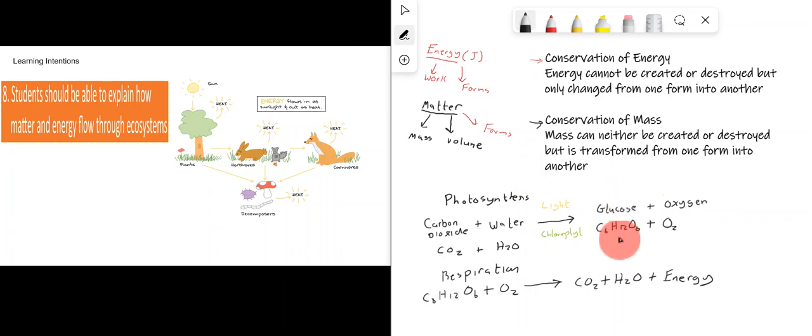So we have consumers like this that eat plants, which are able to trap the energy from the sun, and they carry out a process called respiration. They take the glucose into their digestive system, and they take in oxygen through their breathing system.